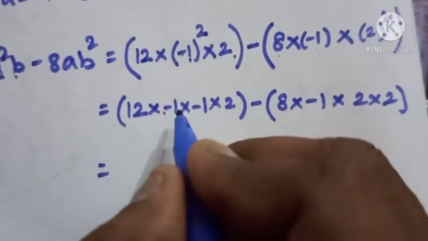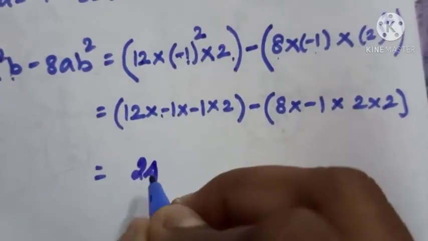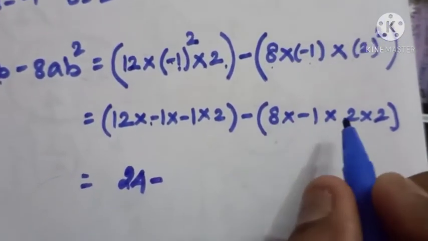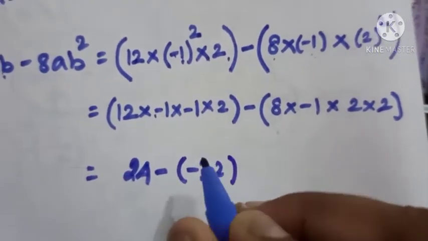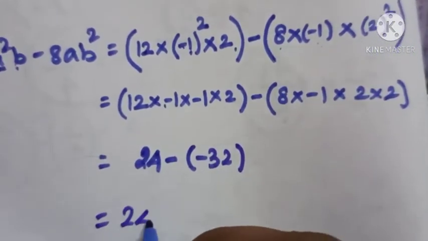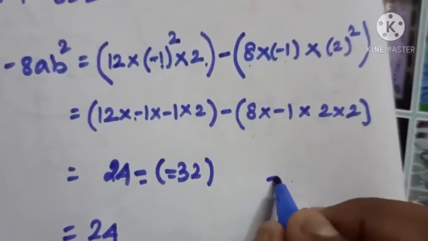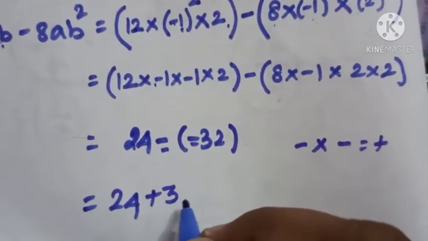12 ones are 12, 12 twos are 24, so plus 24 we got. And minus 8 2s are 16, 16 2s are 32, so minus 32. This minus and minus is in product, minus into minus you get plus, so plus 32.